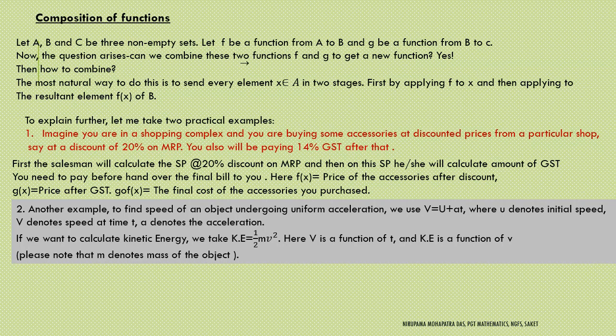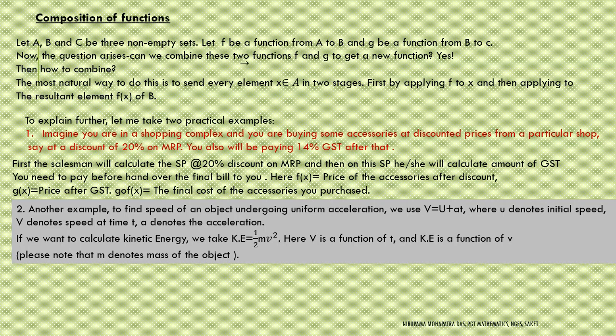It means v is a function of t. And if you have to calculate the kinetic energy of that object in motion, kinetic energy is half m v square, and you are familiar with this formula. But here I am going to link this formula mathematically. Here m is the mass of the object, so again it's not a variable.